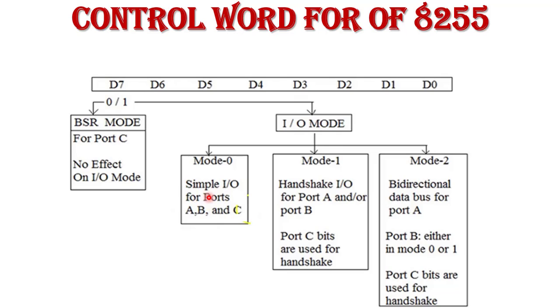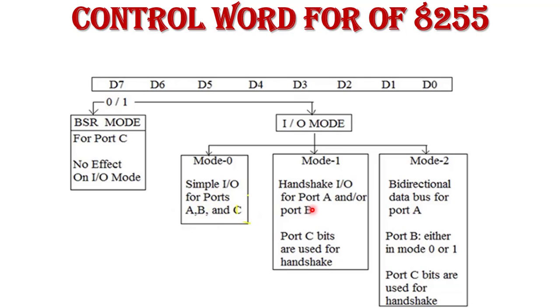Mode 0 is simple IO mode. In this mode, all the 3 ports, port A, port B and port C, work as simple IO ports. Next is mode 1, known as handshaking input-output mode or strobe input-output mode.